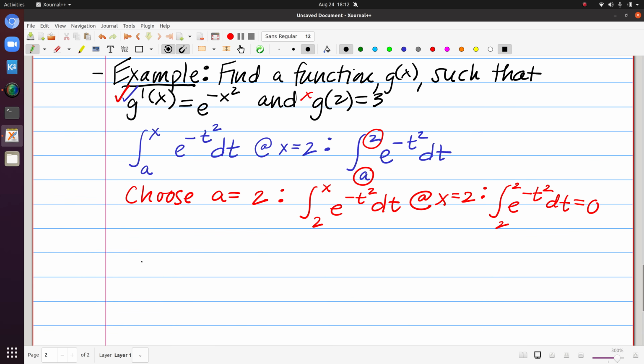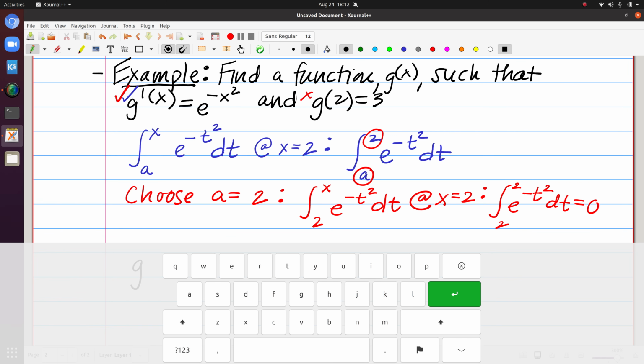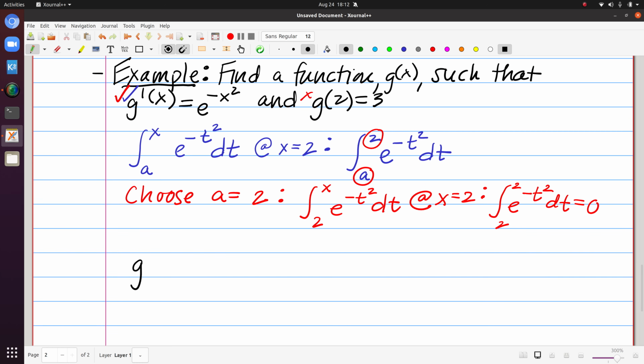So when I want to write down a suitable function, g of x, remember we talked about antiderivatives, that we can choose any additive constant, and in particular here, we knew that the guess when I had simply the integral from 2 to x of e to the minus t squared dt would give us g of 2 is equal to 0.